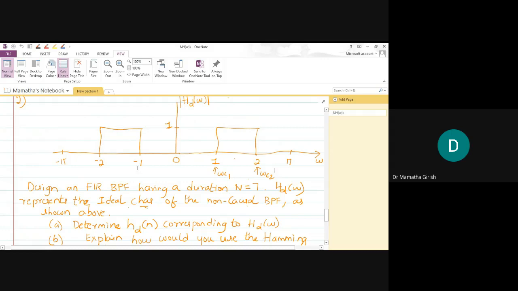But in this case, there exists a spectrum even for values of omega less than 0. Hence, it is the case of a non-causal band pass filter because the spectrum extends on the left-hand axis also. So, the given response is the response of a non-causal ideal band pass filter.